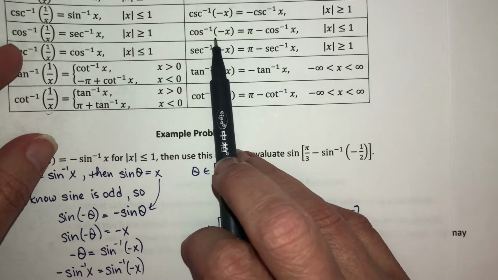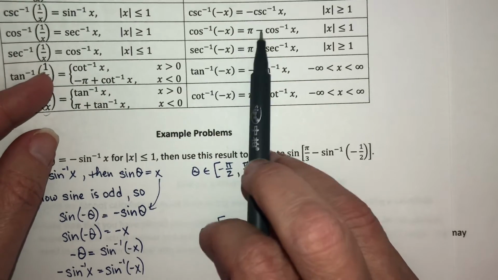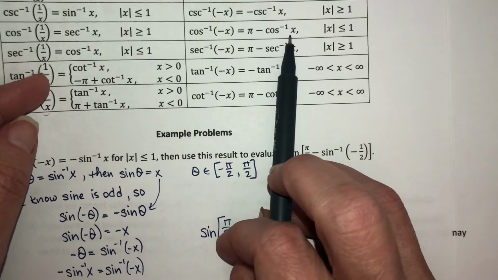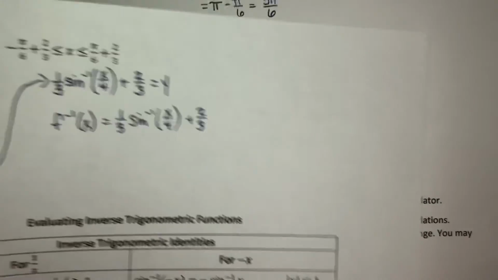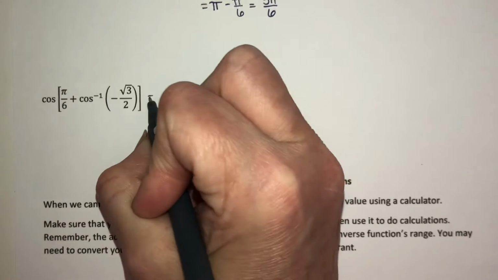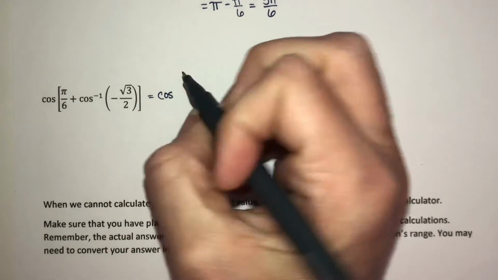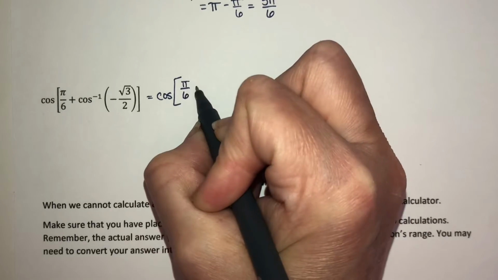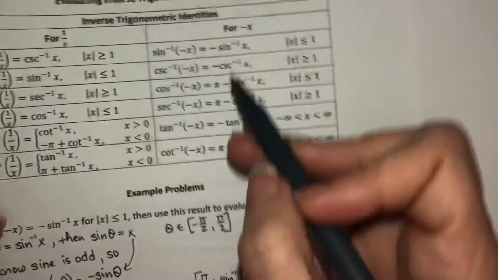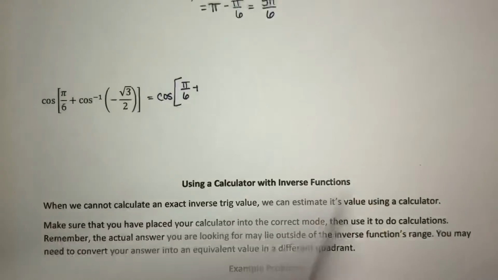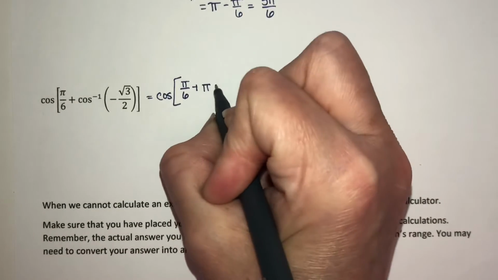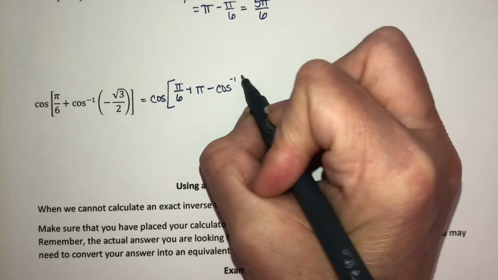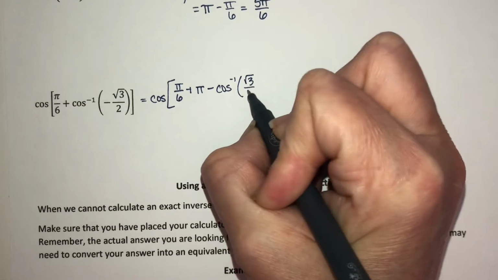Cosine inverse of a negative, I can change that to pi minus cosine inverse of the positive version. So this is equal to cosine of pi over 6 plus pi minus cosine inverse of square root 3 over 2.